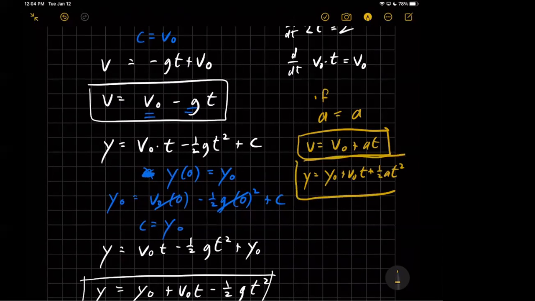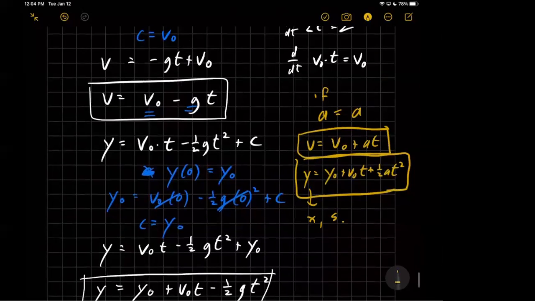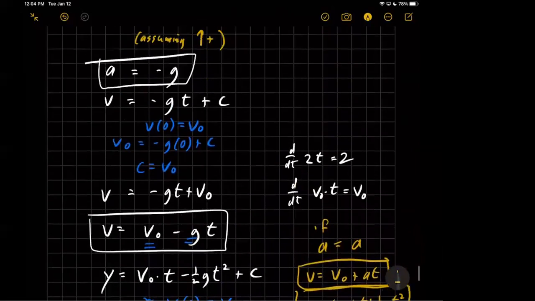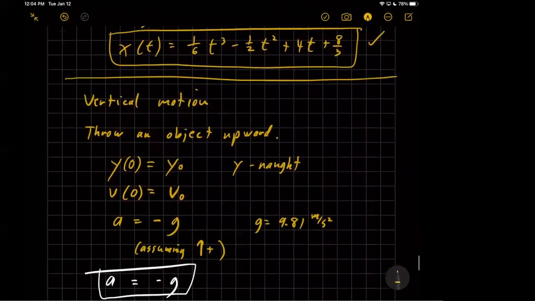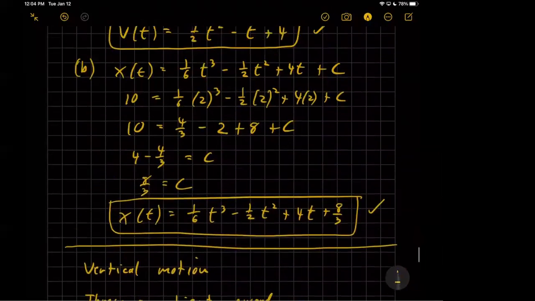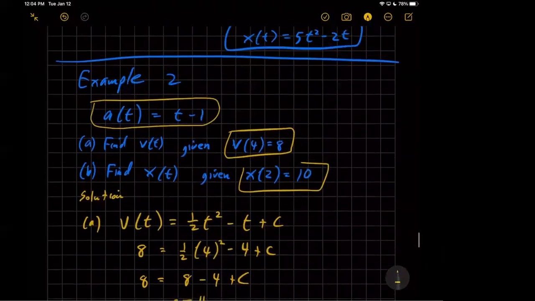And remember, it depends on which way the motion's going. Y could just as easily have been an x, or in the case of the textbooks, they'll call that s for your displacement along the arc. Okay, so that's a summary of position, velocity, and acceleration relationships, which should tie all of the calculus nicely into what you've been doing in physics class.